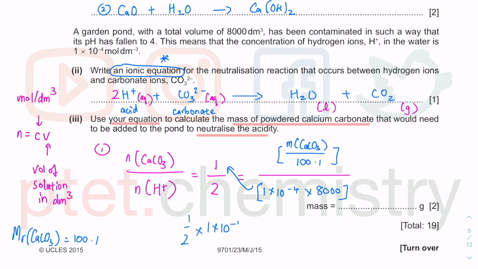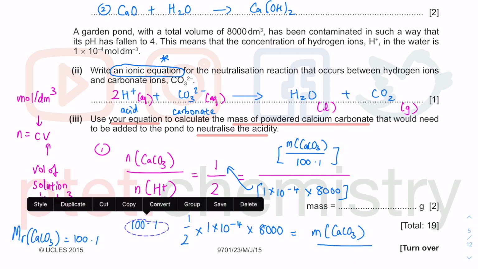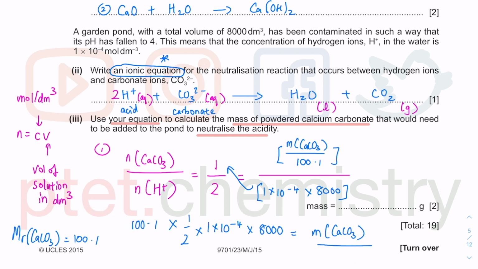So it's just bring up the denominator, and this is equal to mass of calcium carbonate divided by 100.1. I'm going to do this in one go. I will move up the 100.1 to the other side, and the whole thing will be multiplied by 100.1. So if I move this up there, this is multiplied by that, and I can just now press my calculator.